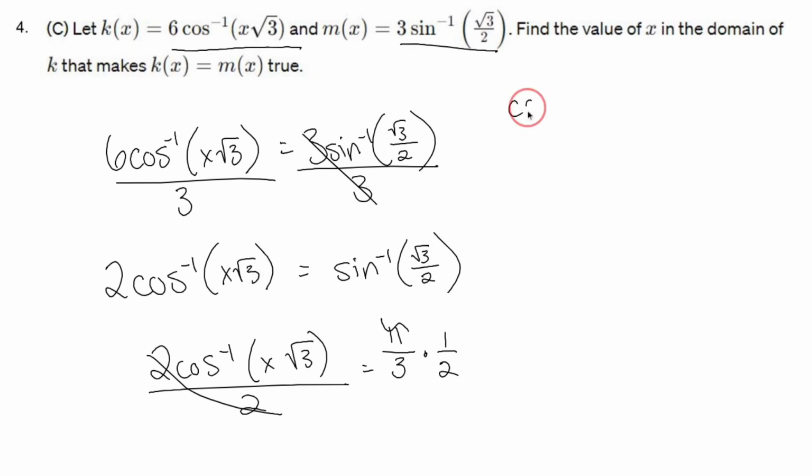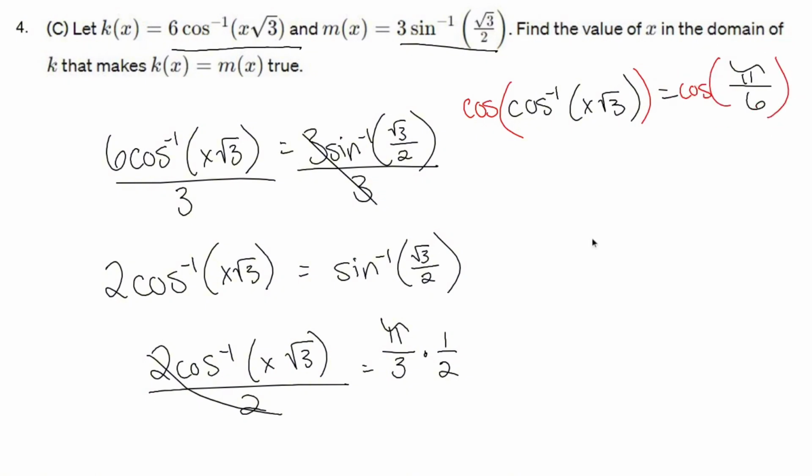But now I have the inverse cosine of x root 3 equals pi over 6. Now, I need to somehow unlock that x. Now that I have all this cos stuff all by itself, I need to get rid of that inverse cosine. Well, just like we would use inverse cosine to get rid of cosine, I could use cosine to get rid of inverse cosine. It works the same way backwards.